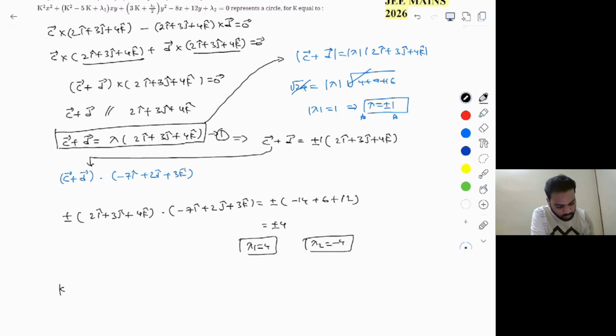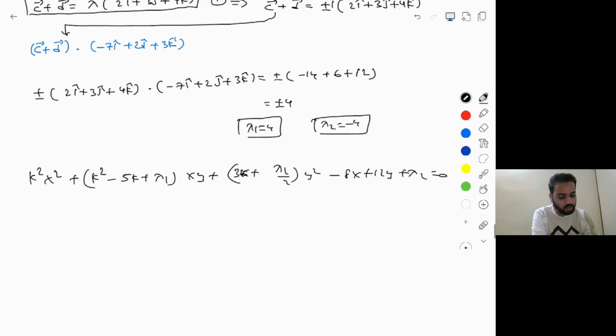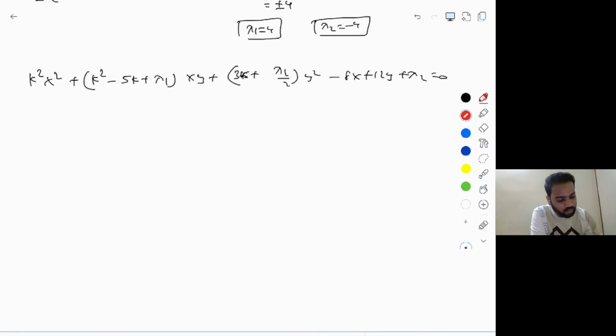It is given as k square x square plus k square minus 5k plus lambda 1 times x into y plus 3k plus lambda 2 by 2 multiplied by y square minus 8x plus 12y plus lambda 2 is equal to 0. And they are saying that this equation here is representing a circle. Okay? This equation here is representing a circle. And then we have to find out the value of k.